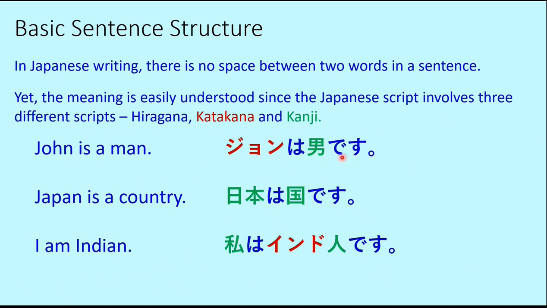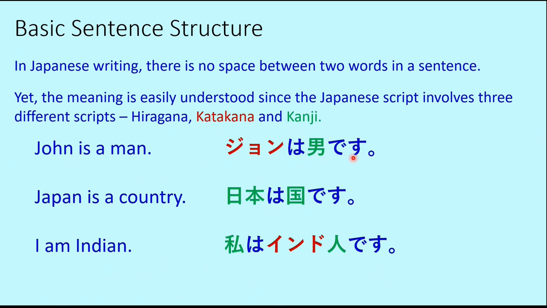And again, this is the copula we just discussed, written in hiragana. So katakana, hiragana, kanji, hiragana. Since three different scripts are used, it is not difficult to differentiate the words or demarcate different words present in this sentence.